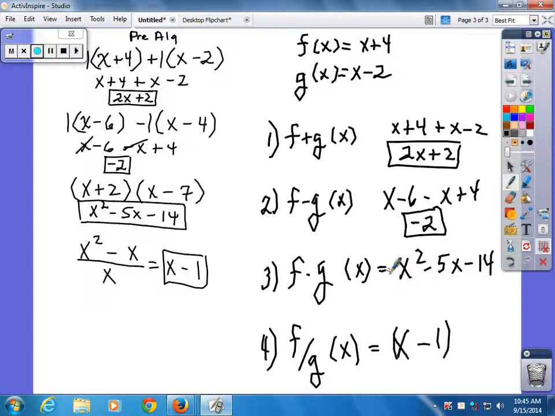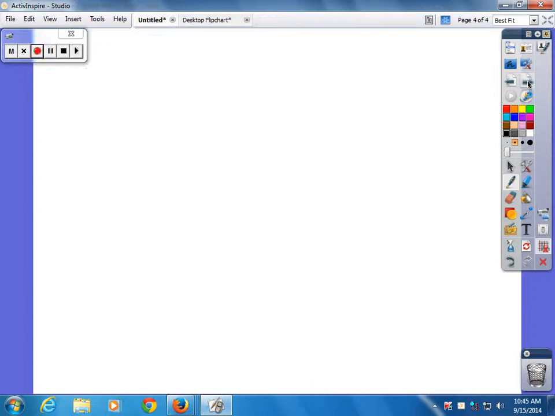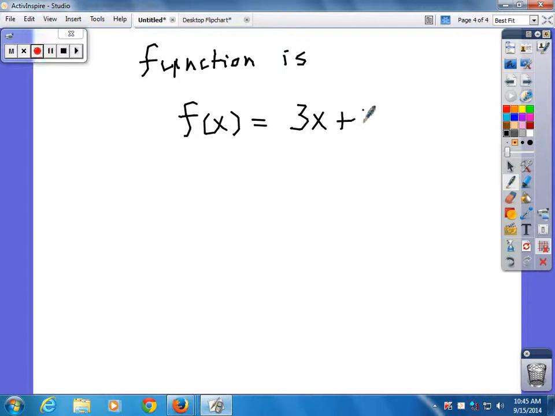What is a function? A function is this guy right here. f of x is equal to 3x plus 4. That guy right there. That's a function.